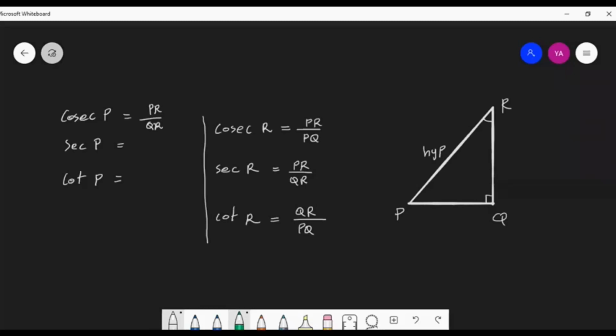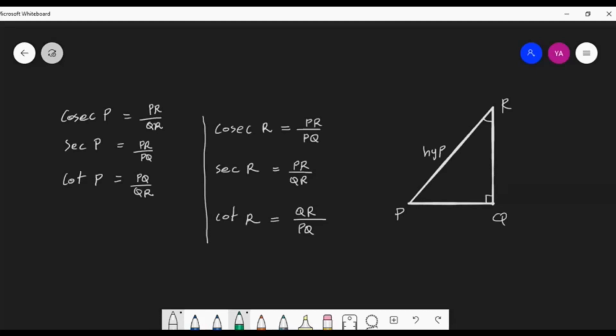What is sec P? PR by PQ, correct. And what is cot P? PQ by QR. So now it is clear. We have discussed the three new trigonometric ratios. They are just reciprocals.